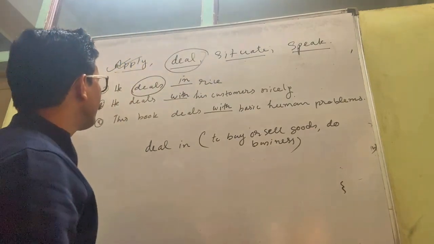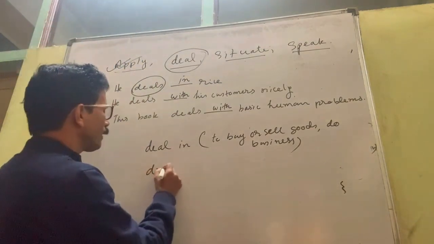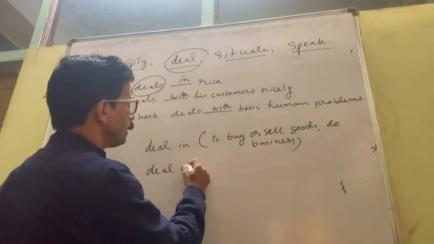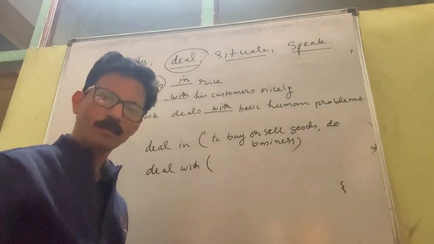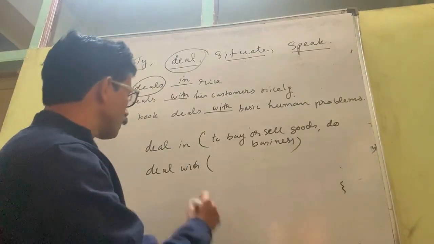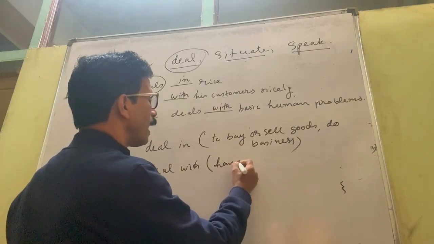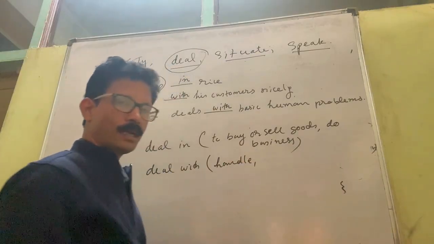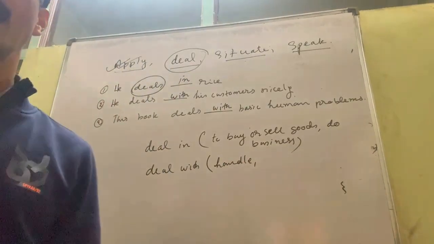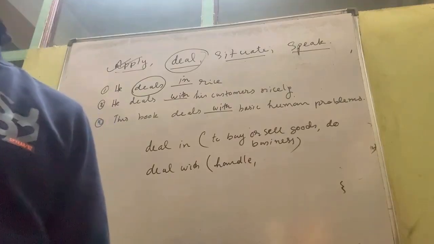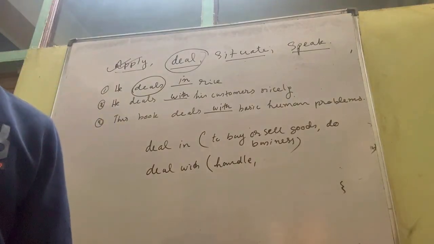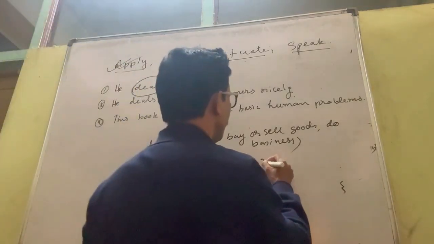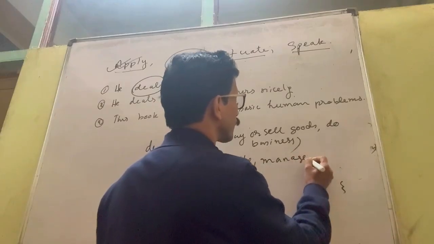And let us see deal with. Deal with rice is wrong, because deal with means handle, or manage, or tackle.